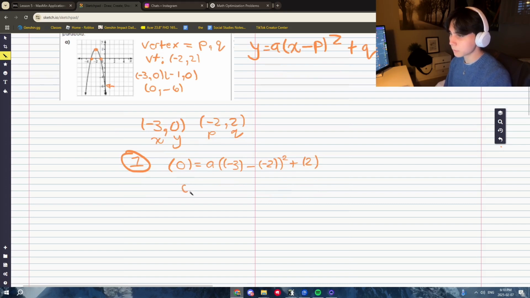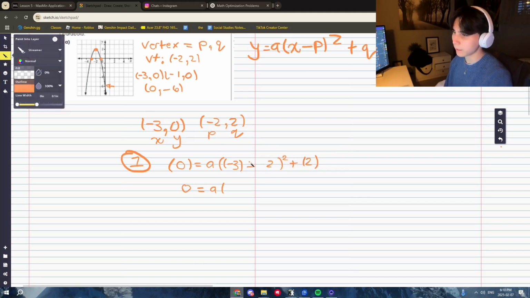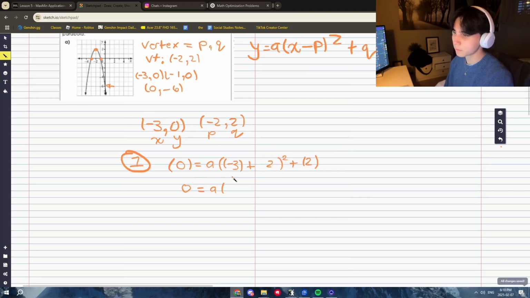So we get 0 equals a, and we have within this bracket negative 3 minus negative 2. So when you're subtracting by a negative, that just means you're going to add. So negative 3 plus 2 is going to give us negative 1, squared, plus 2.